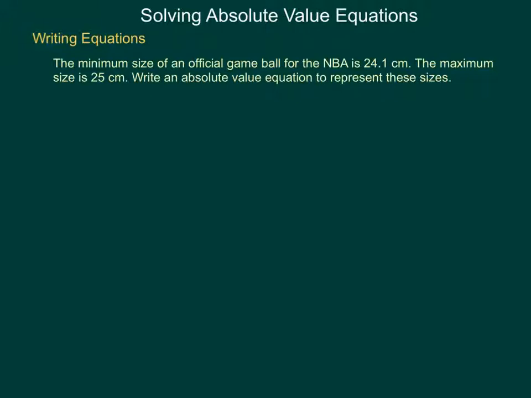As we were looking at those absolute value equations already, there's a specific pattern that kind of goes through the system. In fact, the way it works is absolute value of our variable minus what we're going to consider the middle has to equal what is called the tolerance.